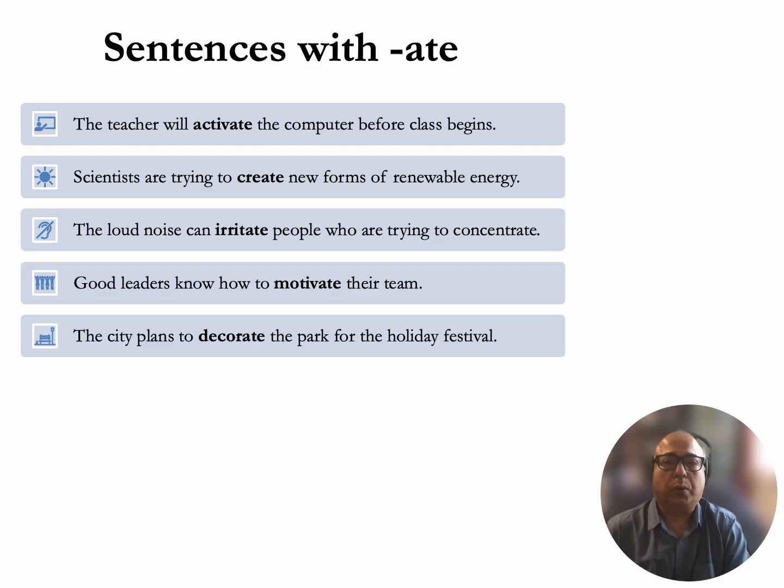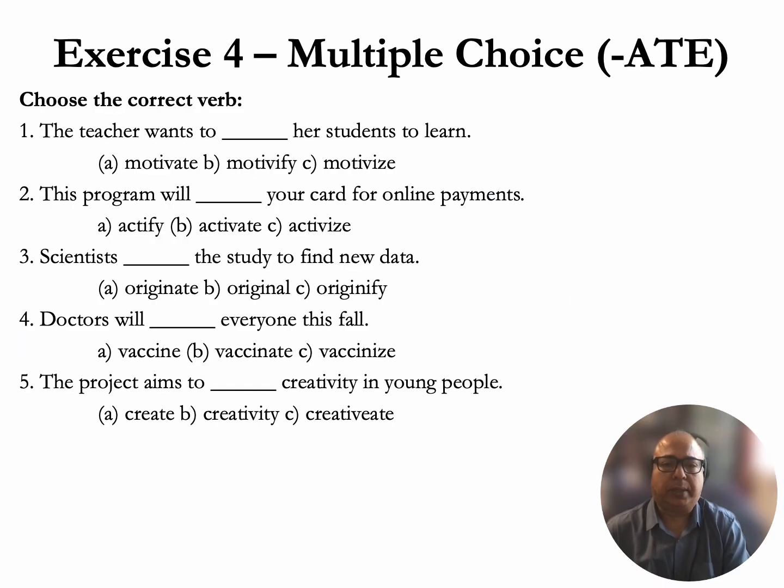Good learners know how to motivate their team. The city plans to decorate the park for the holiday festival. Okay? Active, activate, create, irritate, irritation, motive, motivate, and decoration, decorate. All right. So let's try to do this exercise.